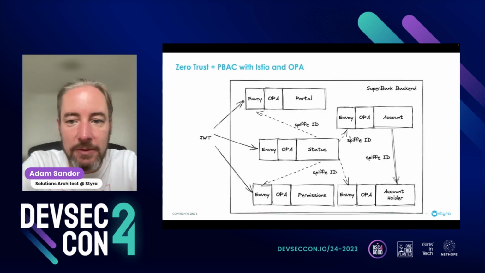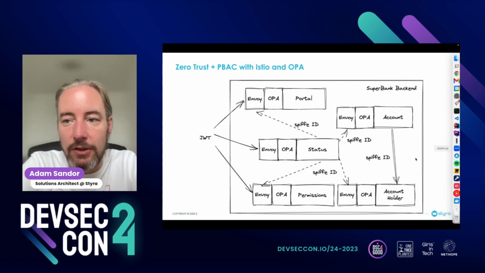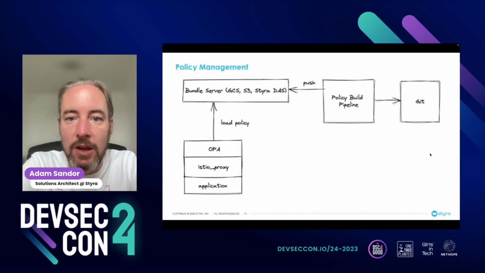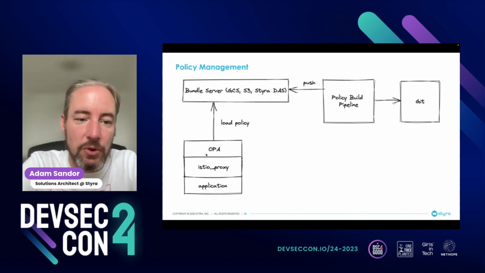And this is the system that I'm going to be showing today, the Superbank backend. And I'll show how this all works in practice. Before I do that, one last thing to mention is how a policy pipeline works. Because when we use OPA to verify a request going to the application, we also have to get the policy into the OPA. OPA can be configured using a remote policy server, which in our case will be an S3 bucket, a Google Cloud Storage bucket.